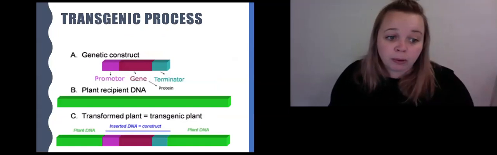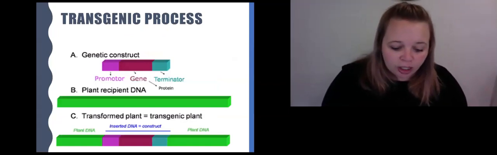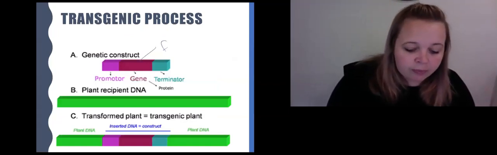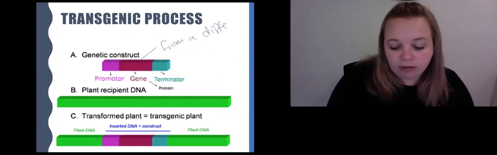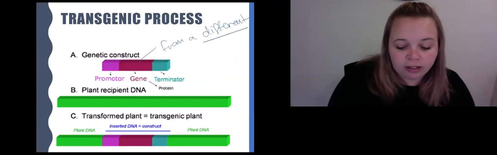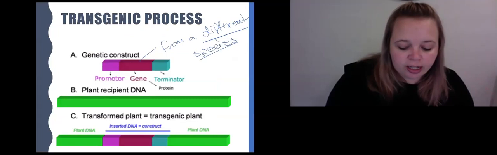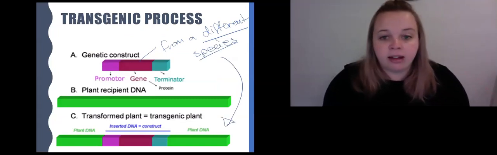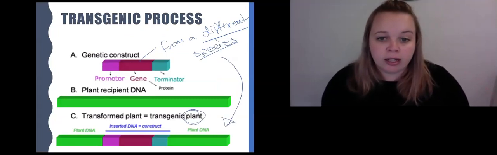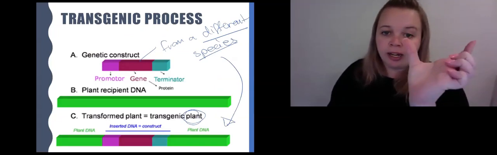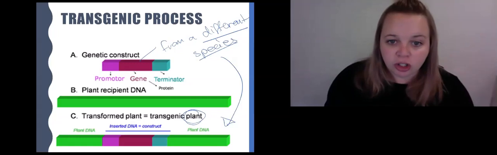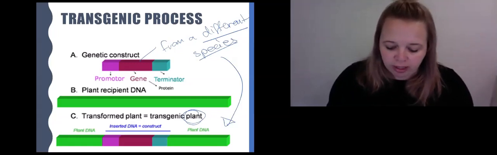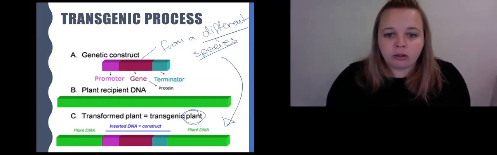The transgenic process involves taking a gene from a different species, and I'm going to say it over and over again, transgenic is a different species, and injecting it into the species of a different type. Okay, so you might take a gene from a bacterium and inject it into a plant, and that would be a transgenic, genetically modified organism. And that is all I want to say on that.